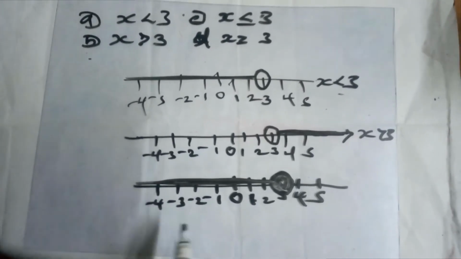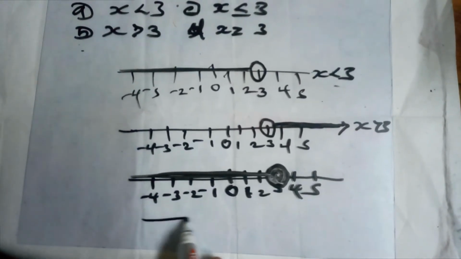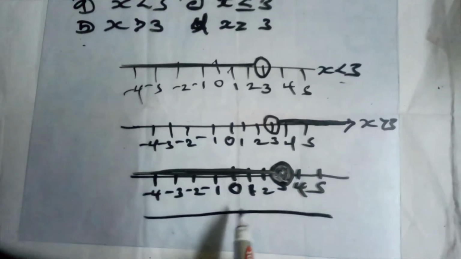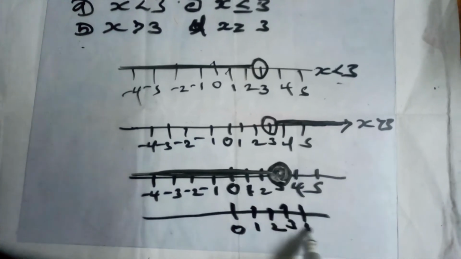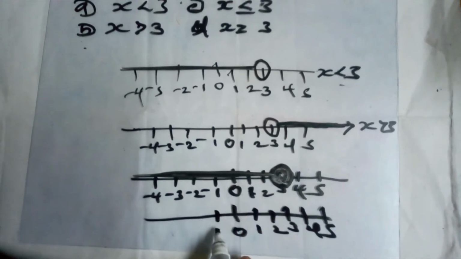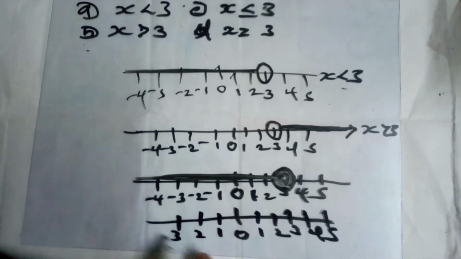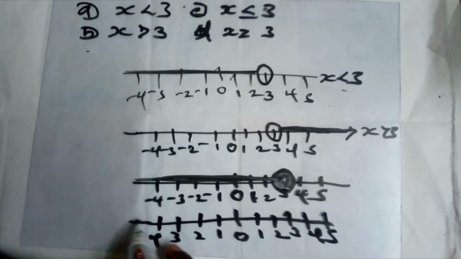So to move to D, you have this inequality. 0, 1, 2, 3, 4, 5, and then negatives 1, 2, 3, 4, 5.